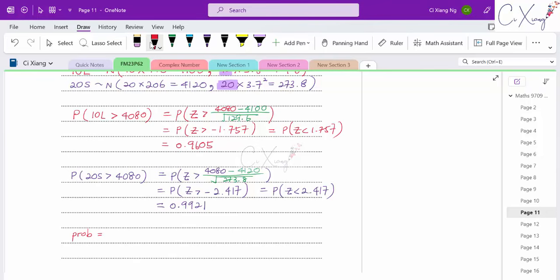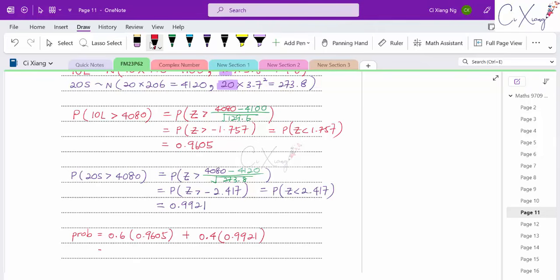So if I get 10L, the probability will be 0.6. And then the probability of 10L more than 4080 will be 0.9605. So this is what we have. Okay, then how about another case, we get the 20S boxes. If you get the 20S boxes, the probability will be 0.4, and the more than 4080 probability will be 0.9921. So we need to consider the percentage of getting the 10L box or 20S box.